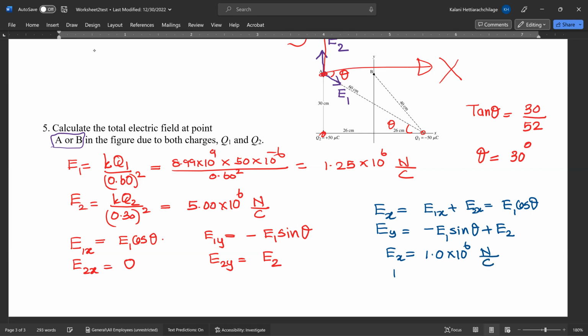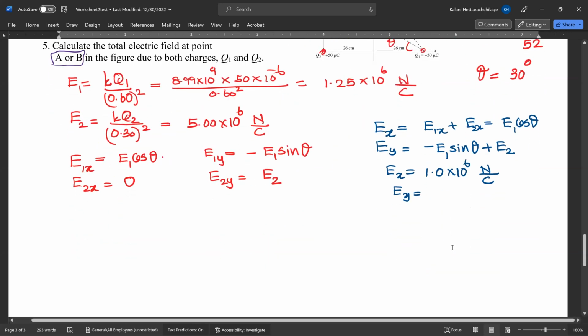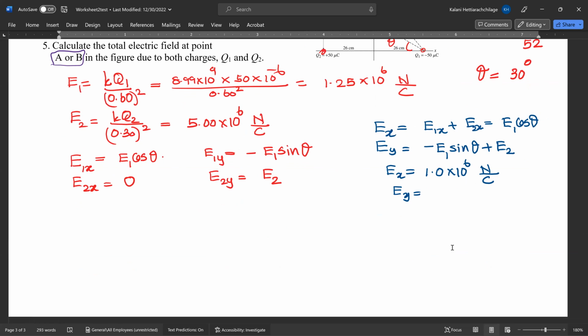Same for E2, Ey. Ey equals negative E1 sine theta plus E2. So plug in E1, E2, and sine of 30 is half. Then you're going to get Ey. What I have is 4.1 times 10 to the power 6 Newton over Coulomb.